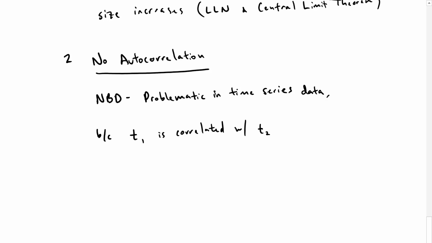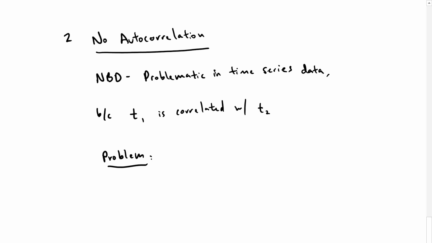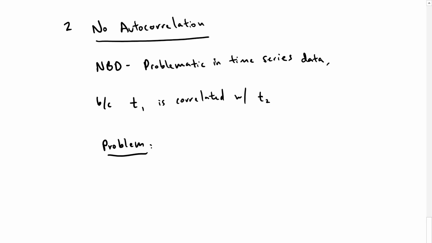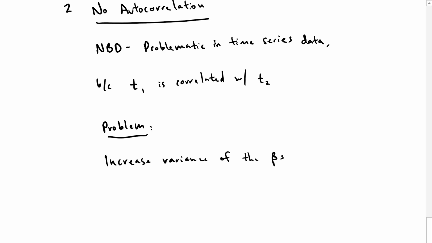Okay, the problem with autocorrelation, if there's a violation, is that it's going to increase the variance of the betas, that is the regression coefficients. So it'll increase the variance, but they won't be biased.